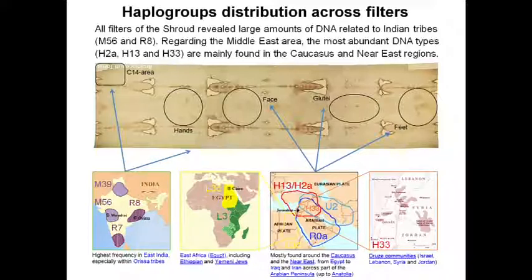Regarding the Middle East area, the most abundant DNA types, H2a, H13, and H33, are mainly found in the Caucasus and Near East regions. Here, in the Near East, from Egypt to Iran, Iraq, the northern part of the Arabian Peninsula up to Anatolia, especially H33, which is a very rare haplogroup belonging to the Druze community.